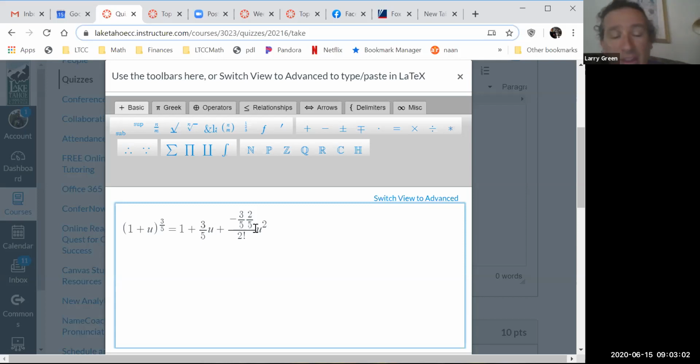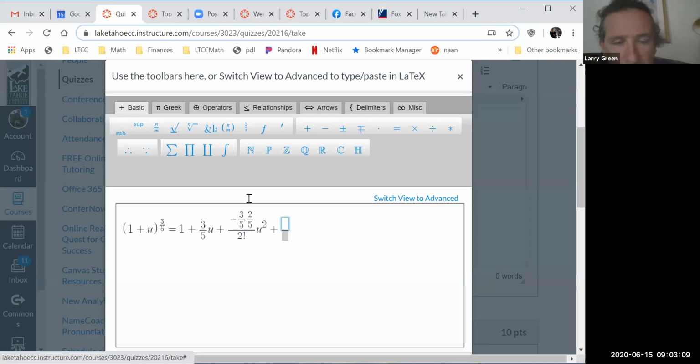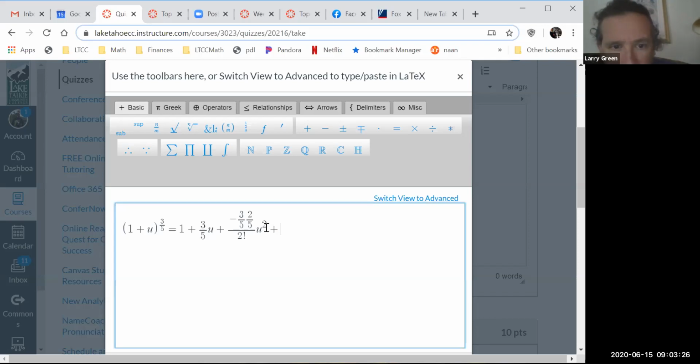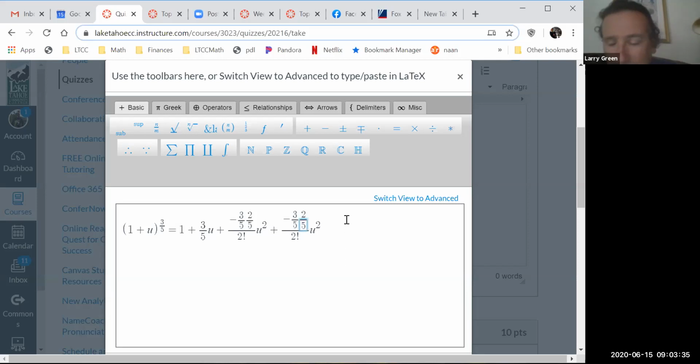Okay, now let's go to the next term. So it's plus, and then we're going to have a fraction. And then remember, you start with what you had and you add an extra. So it's r times r minus 1 times r minus 2. So what I'm actually going to do, instead of doing it this way, is copy and paste this and adjust. A little easier. So we get 3/2 times 2/5 times what?